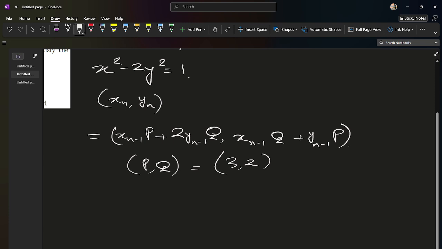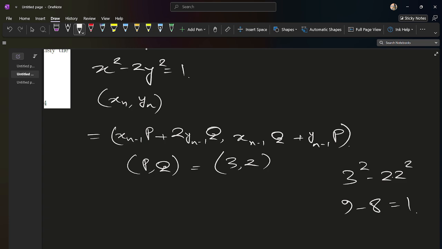3 comma 2 is the fundamental solution, or the smallest positive integer solution here. We can easily write 3 square minus 2 into 2 square, that is 9 minus 8, which equals 1. So now we are going to find the solutions. The fundamental solution is 3 comma 2, let us call it x1, y1.